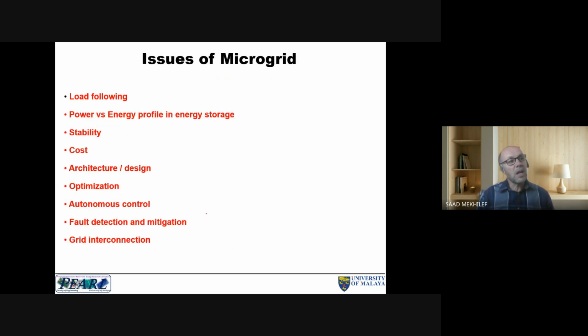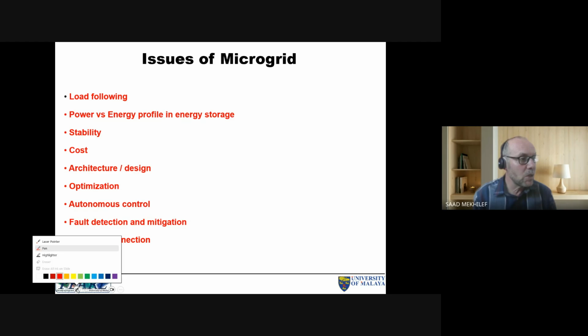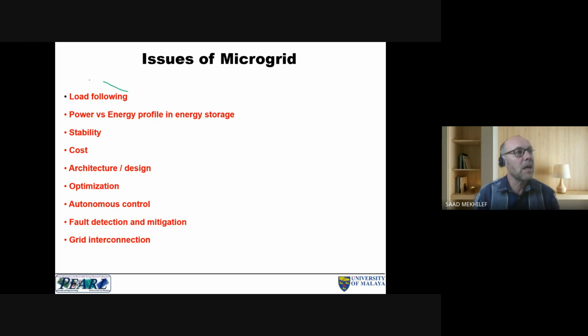So there are also some issues with microgrids. It is load following, so it follows the load that you have, compared to the normal grids. Then power versus energy profile for the storage, because as I said before, you have high energy density but low power density.